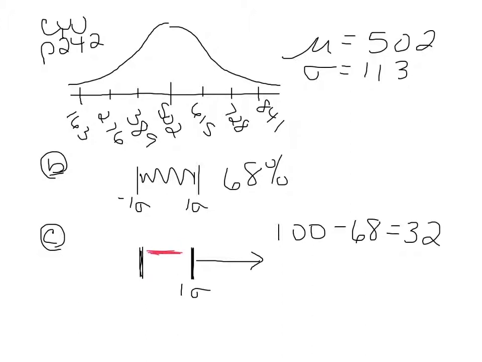This will give me what is left, so the tail on the left and on the right. Since we only want to know above 1 standard deviation, we need only half of that. And this graph is nice and symmetric, so 32 divided by 2 will give me 16%. So this section here is 16%.